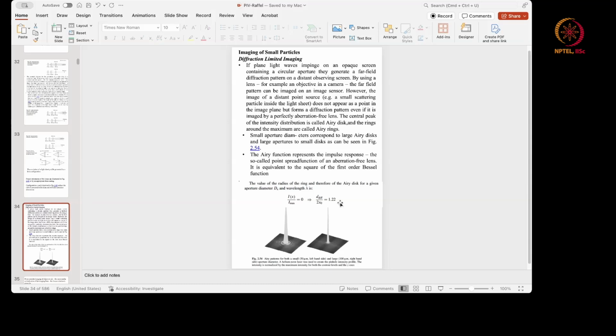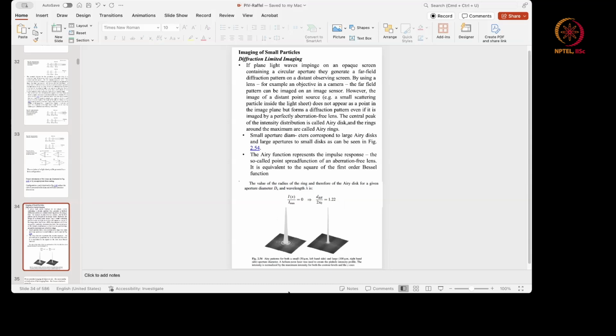The image that it casts on the screen can be imaged on a camera. The image of a distant point source, for example a small scattering particle inside a light sheet, does not therefore appear as a point. It forms a diffraction pattern, even if the lenses are completely aberration free. So ideal optics also gives rise to a diffraction pattern.